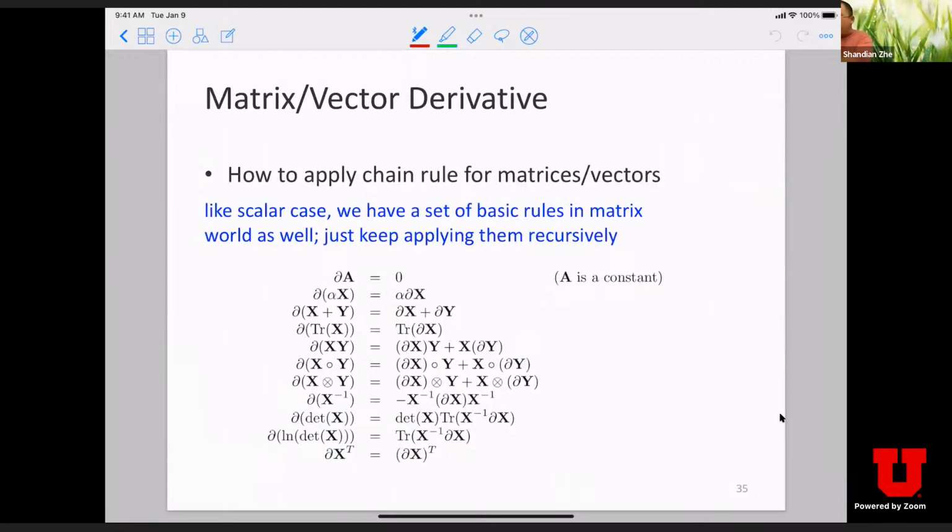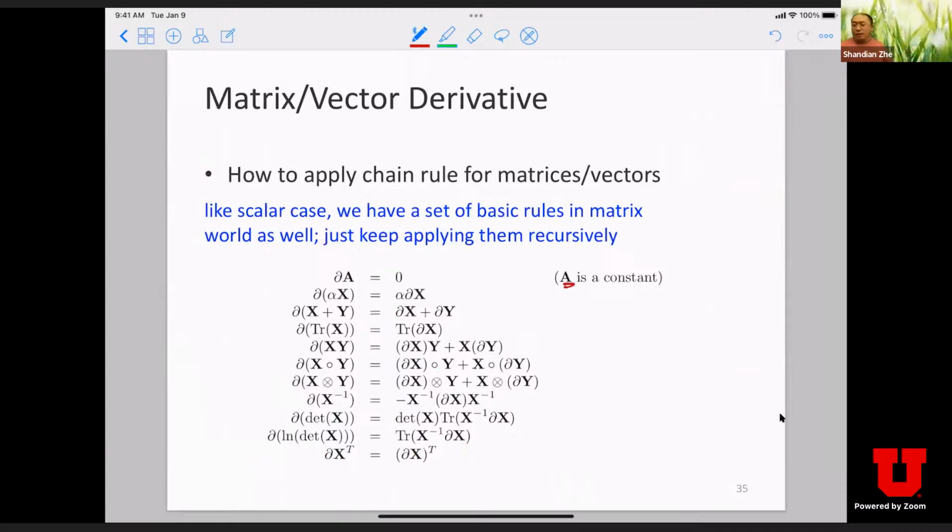First, those basic laws still apply to matrices and vectors. Here, I just copied some reference. They use the partial symbol, but it's actually the same thing as the derivative symbol. Basically, if your matrix A is a constant, then its derivative is simply 0, the same as the scalar case.